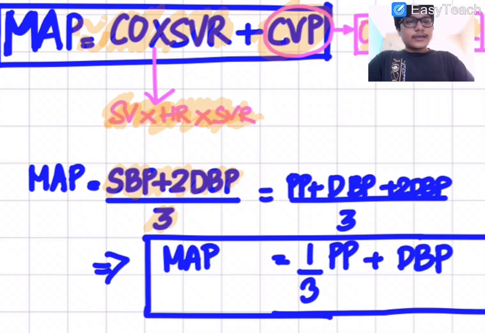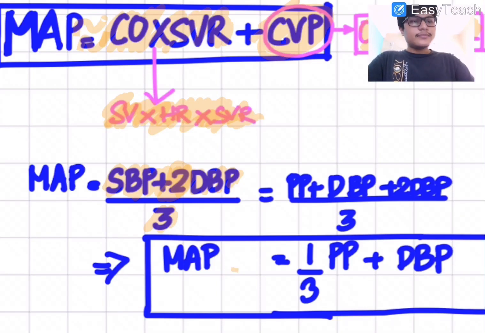Now can you tell me why we are taking twice the diastolic blood pressure? This is because the heart spends twice as much time in diastole as in systole. You know that the cardiac cycle is typically 0.8 seconds long, where 0.3 seconds are systole and 0.5 seconds are diastole.